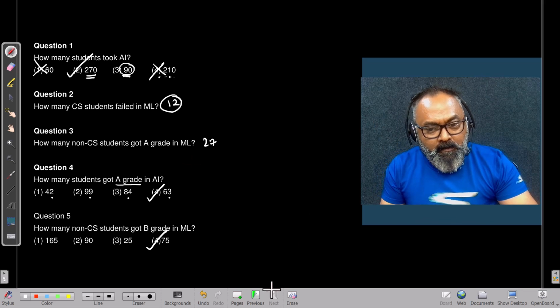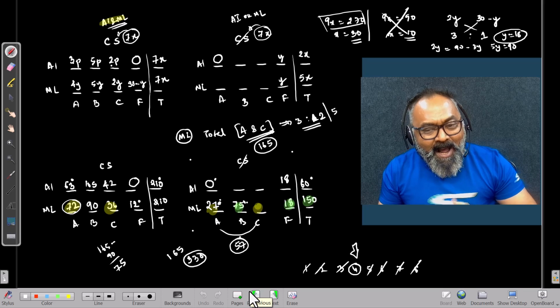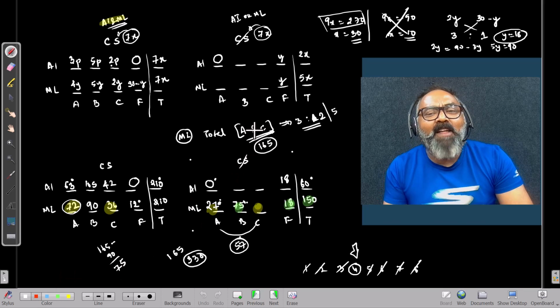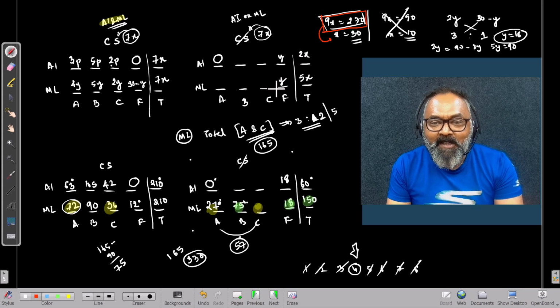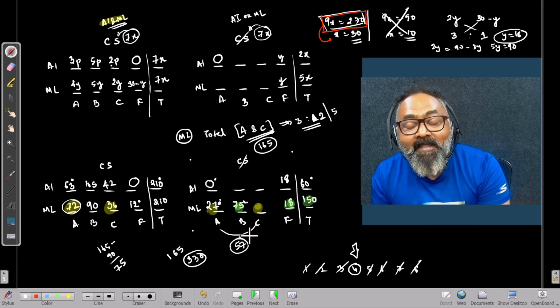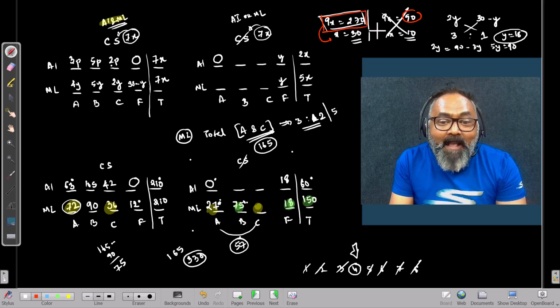I think systematic solving, and don't do unnecessary things. I think if you had taken a bet, and initially when we looked at this number and said that 9x equal to 270, probably these things would have gone faster. So 90 seems to be too less, right?